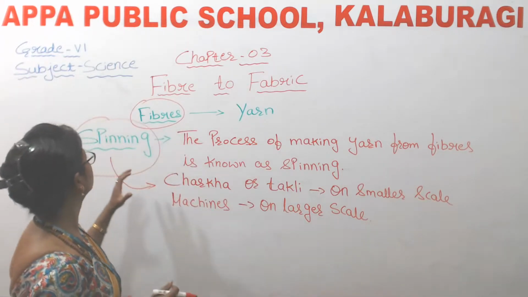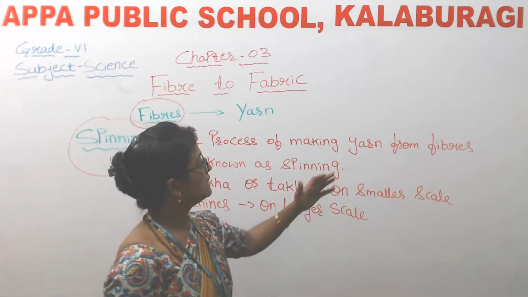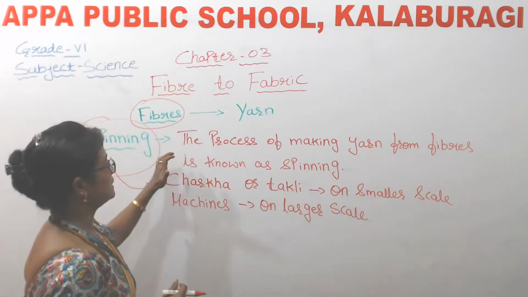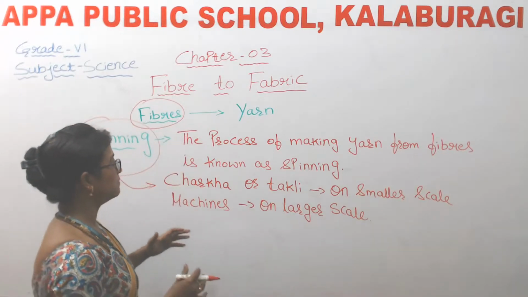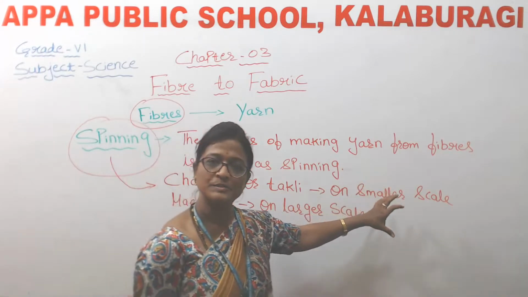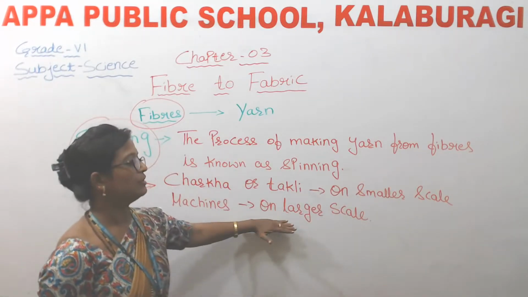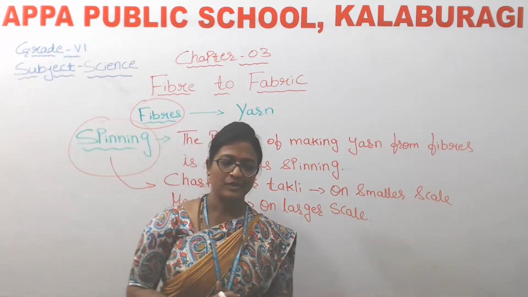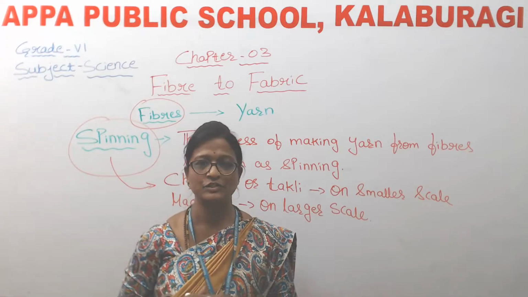Here, spinning means the process of making yarn from fibers. Spinning can be done manually with charka or tatli on smaller scale, whereas machines are also used on larger scale. So this is how fibers are converted into yarn.